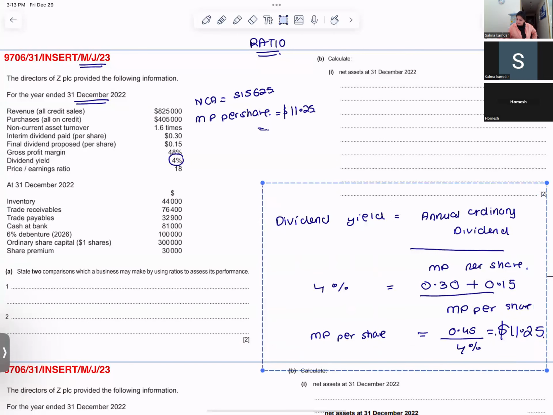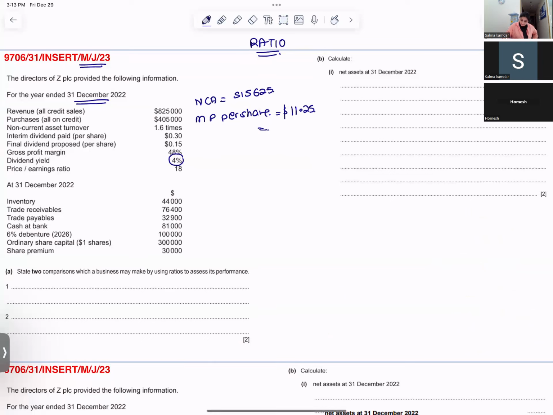Now the next thing that they have given me is the price earnings ratio. The formula for price earning ratio is market price per share divided by earnings per share. So price earning ratio is how much? 18. Market price per share is how much?